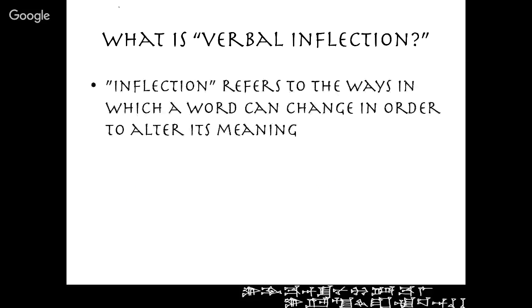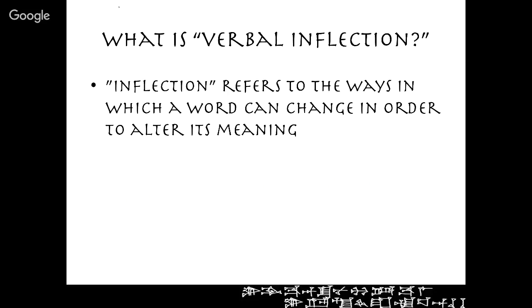So, what is verbal inflection? Verbal inflection is something that happens in languages that allows the person writing to change the basic form of the verb, to alter it in a way that changes its meaning.